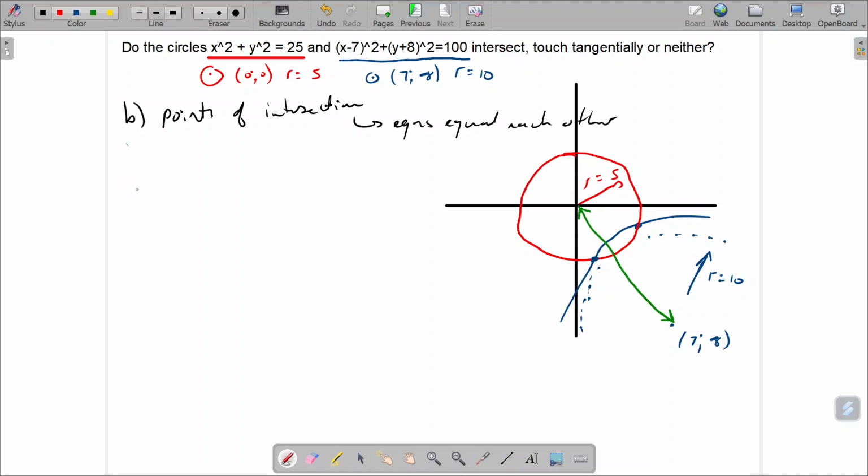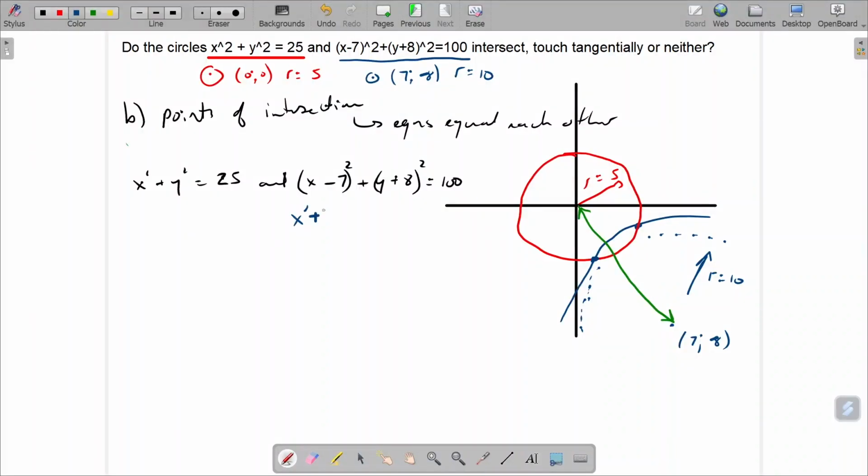In this case, I've got x squared plus y squared equals 25, and the equation (x minus 7) squared plus (y plus 8) squared equals 100.